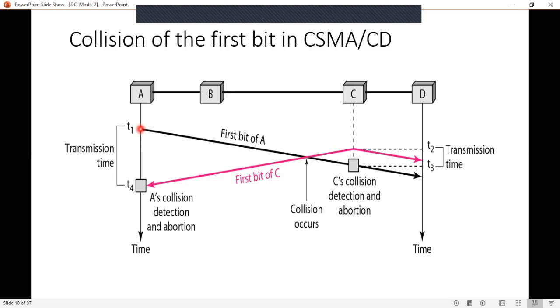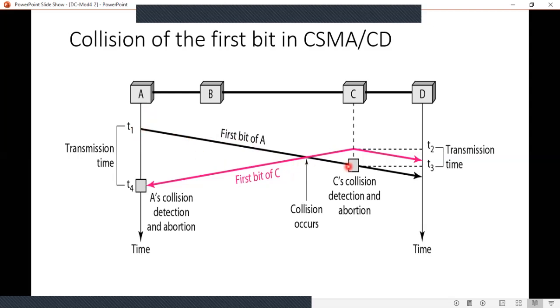The station will execute any one of these three procedures to find out whether the channel is free or not. Once it finds that the channel is free, it will start sending the bits of its frame.